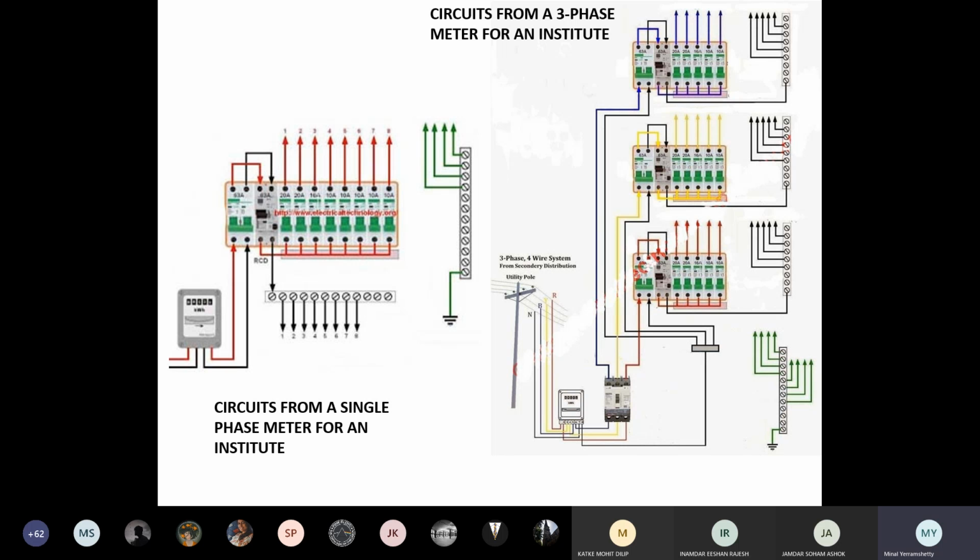Now you will decide again whether you want to have one switchboard or two switchboards. That is individual. But this is how the distribution happens for an institution and for a mixed use. Now tell me, is this clear or should I repeat everything again? I don't mind repeating.